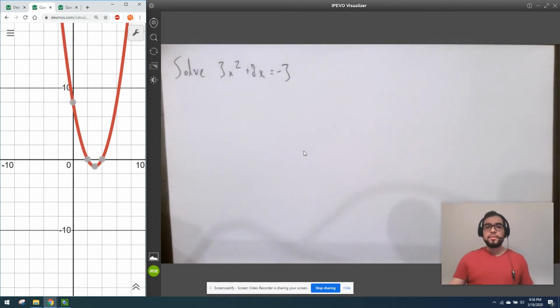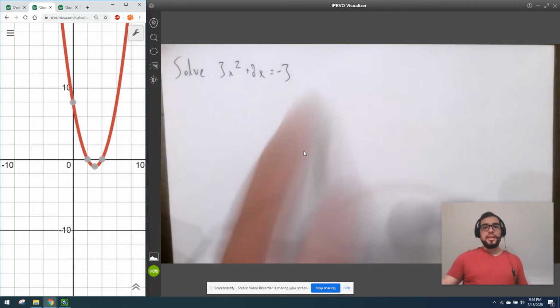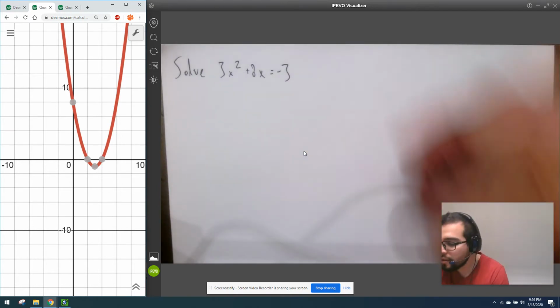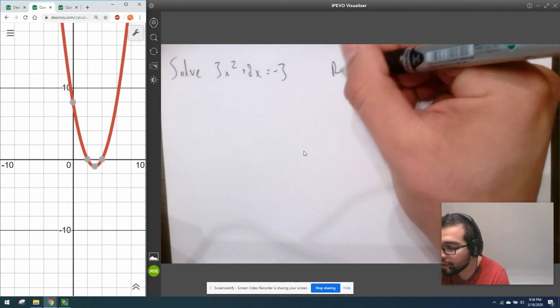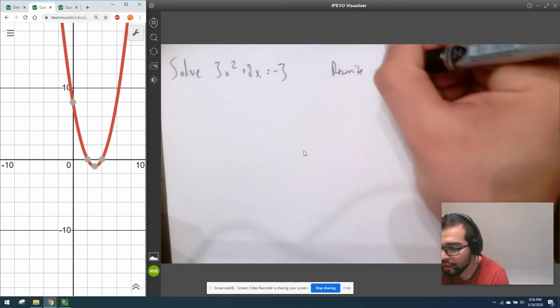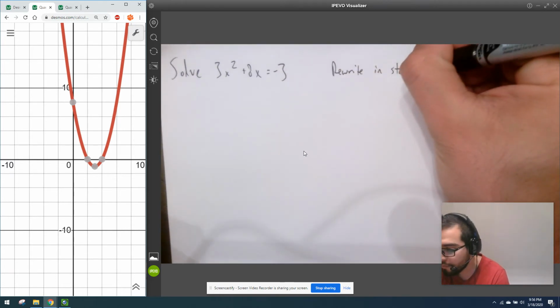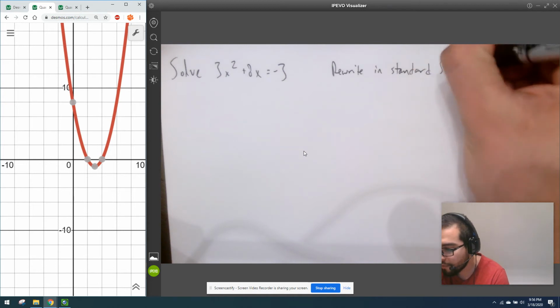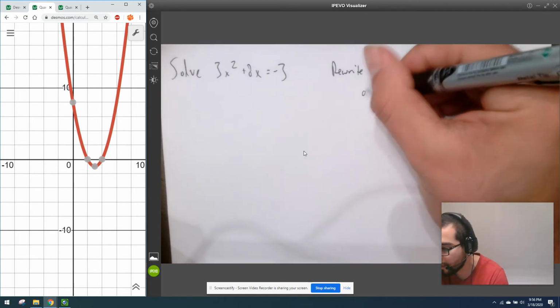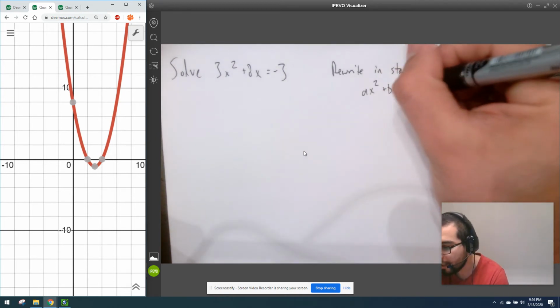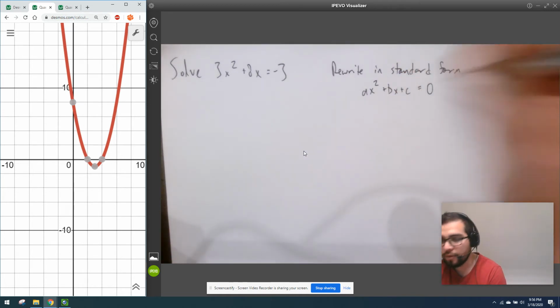In this case it is equal to -3. So what I need to do is make sure that this is equal to 0. So I need to rewrite in standard form, which is ax squared plus bx plus c is equal to 0.